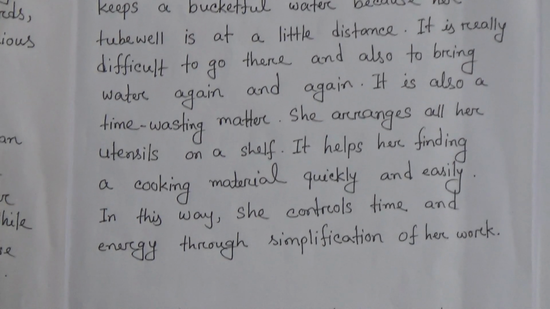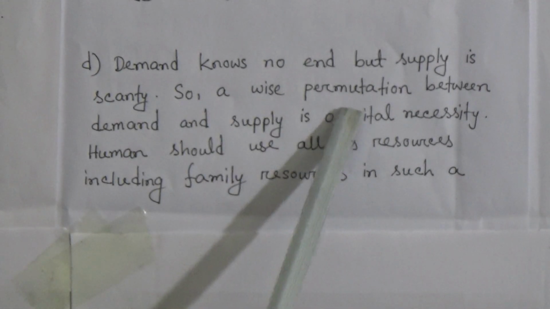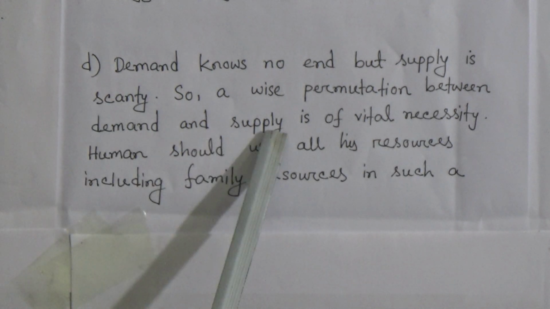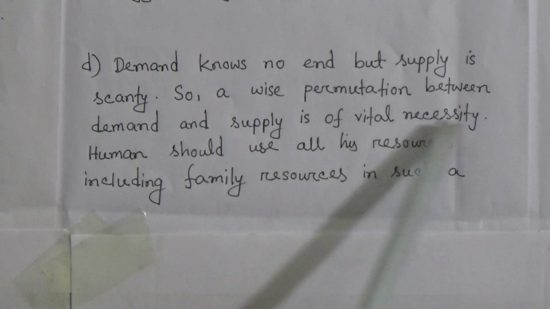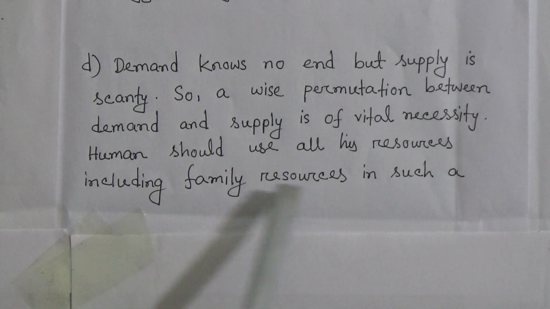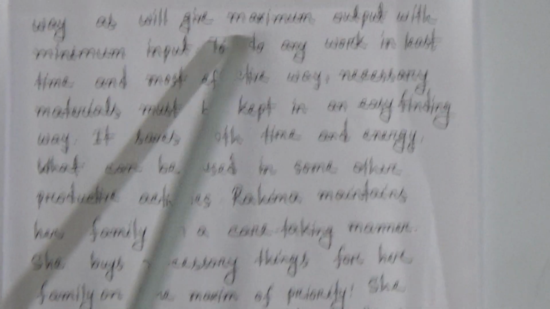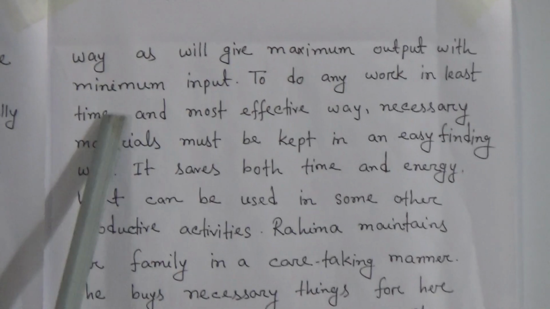Number D, Rahima uses family resources properly. Justify this statement. Demand knows no need but supply is scanty. So, a wise permutation between demand and supply is of vital necessity. Humans should use all their resources, including family resources, in such a way as will give maximum output with minimum input.